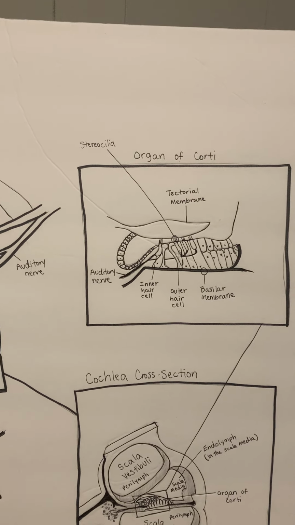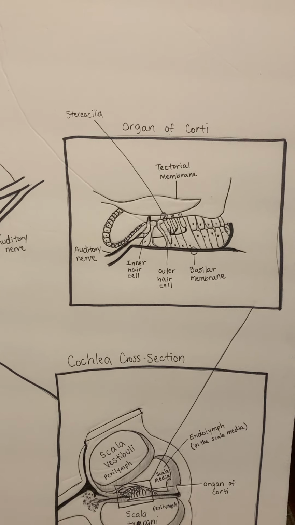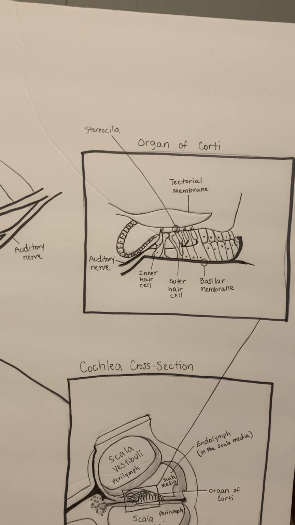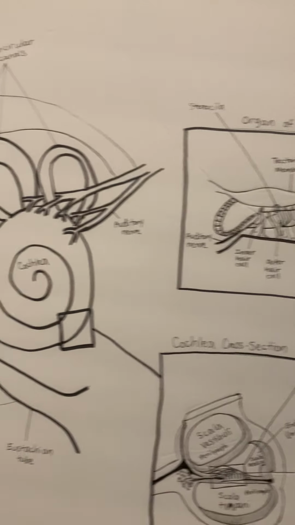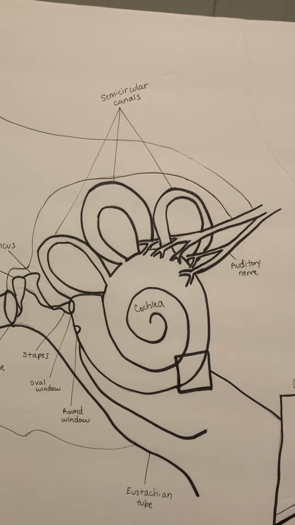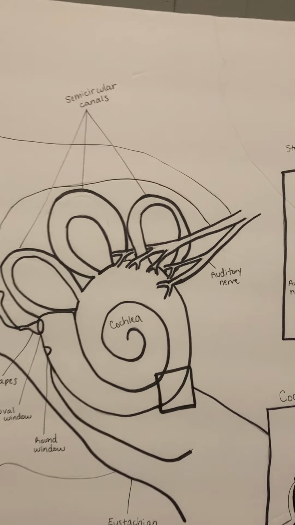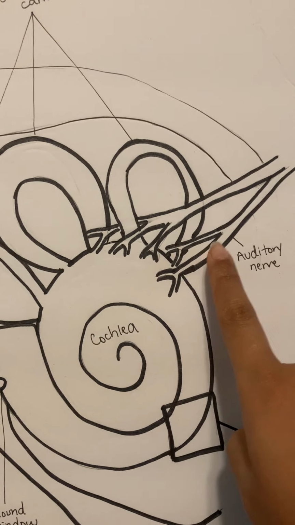And the hair cells then open up and are exposed to both the perilymph and endolymph, which creates a chemical interaction. And this chemical reaction creates an electrical current called an action potential, which goes through the auditory nerve fibers and up to the brain.